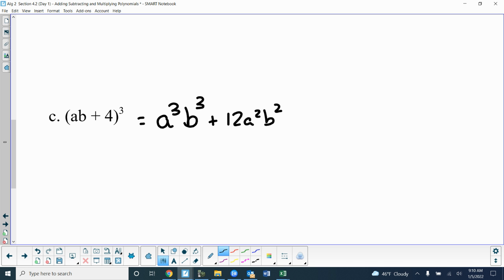For the second one, you square the 4, 16 times ab, and then ab times 3, 16ab times 3 is 48ab. And then you cube the 4. 4 times 4 is 16 times 4 is 64. So again, if you learn those patterns, those rules, it goes a little quicker. But if you don't, William, then you could just write it out 3 times and do it the long way.